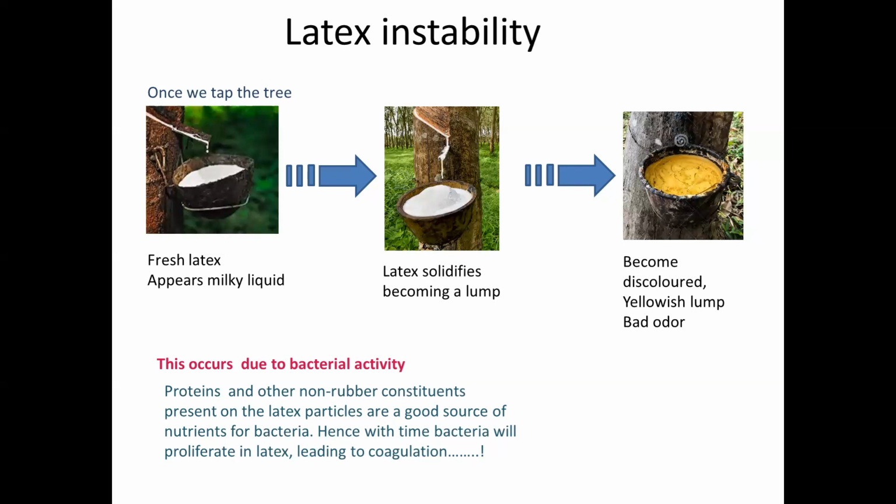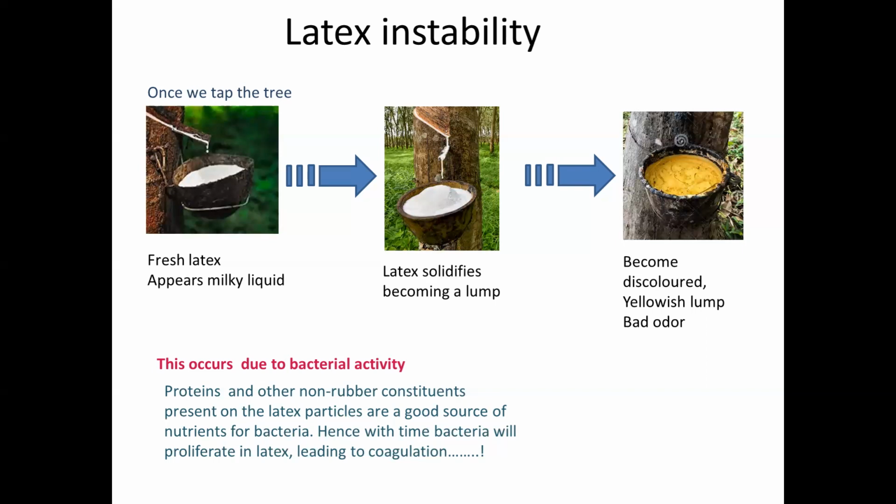We call it proliferation. The bacteria will proliferate in latex. So this leads to coagulation. Why is it coagulation? Because it forms more acidic constituents inside latex.